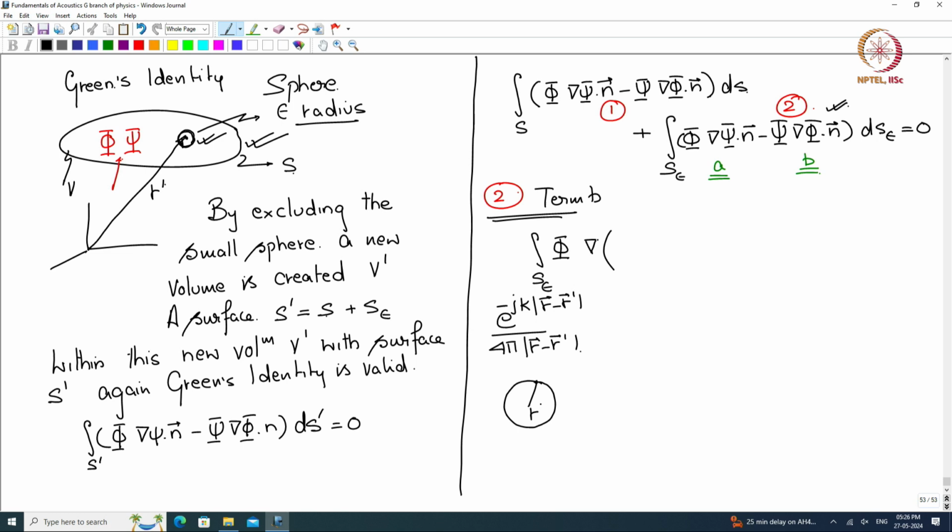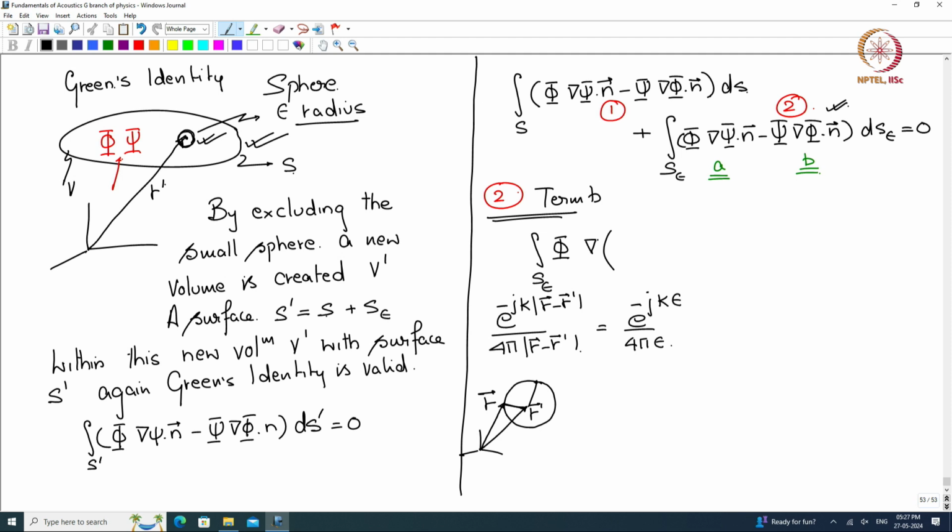This point is r dash from some axis, and r moves on the sphere. So the distance between r and r dash, the magnitude, is epsilon. So this looks like e to the power of minus j k epsilon by 4 pi epsilon.